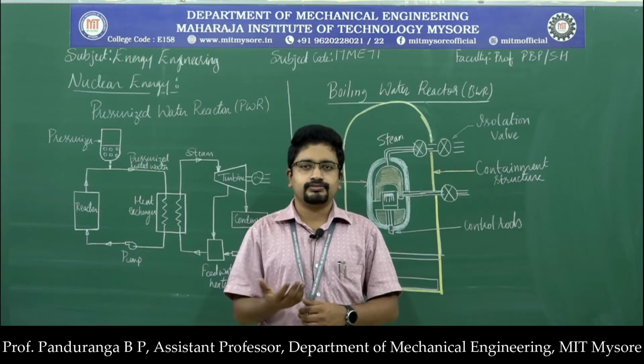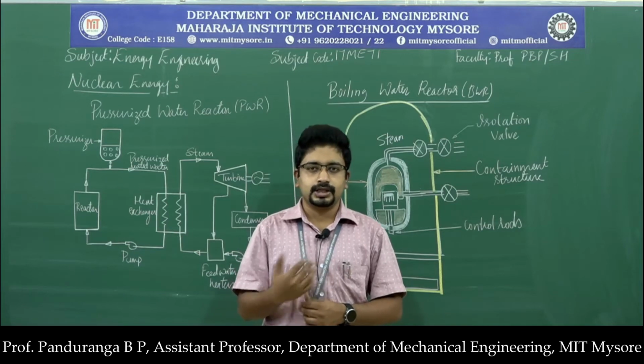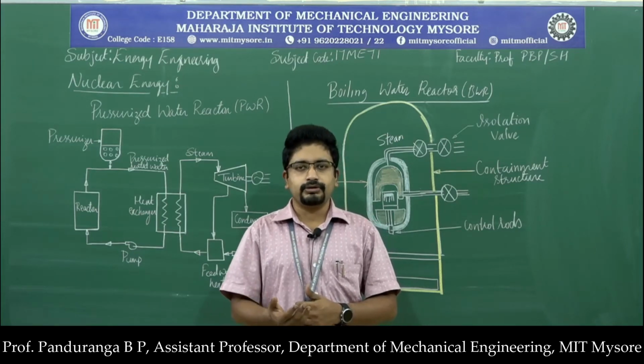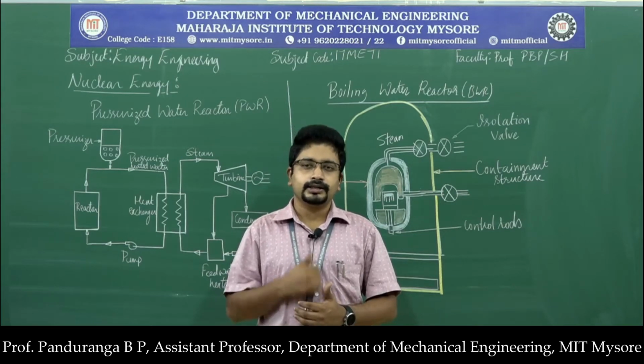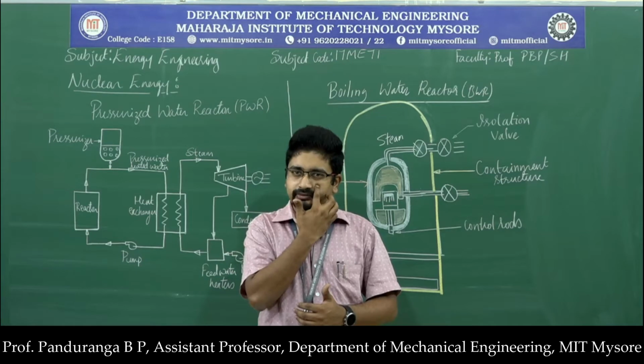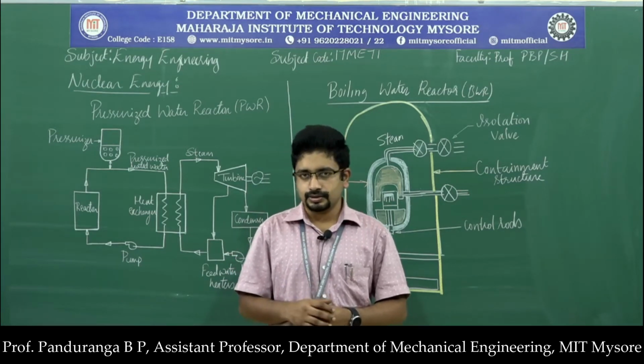Whenever the amount of uranium-235 reduces in the core, the spent fuel rod bundle will be taken out, and the fresh uranium-235 rod will be inserted into the reactor core.